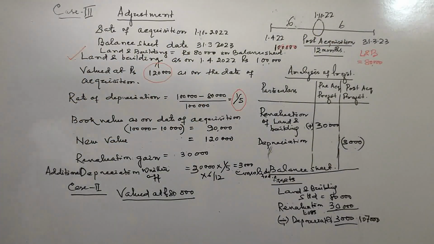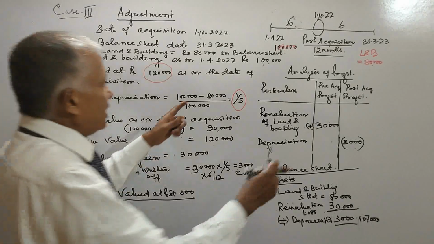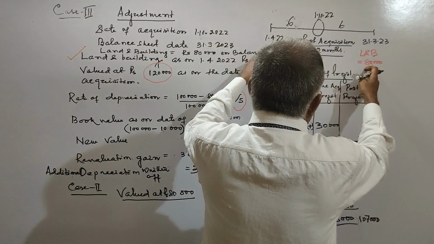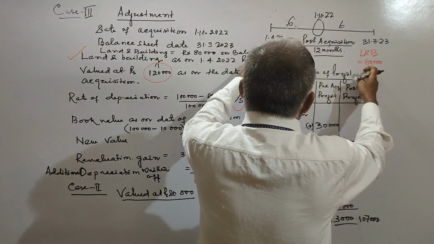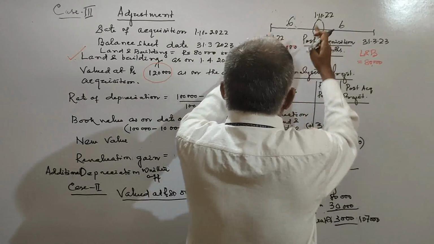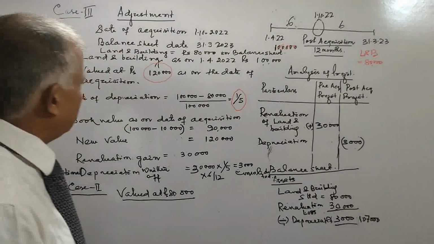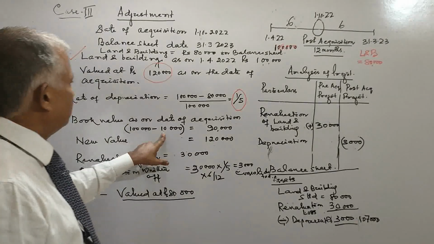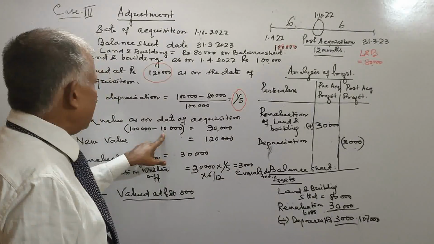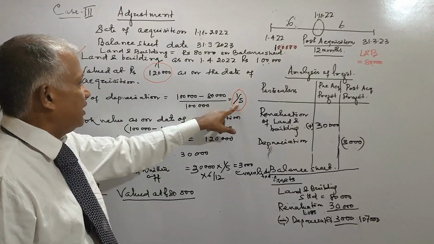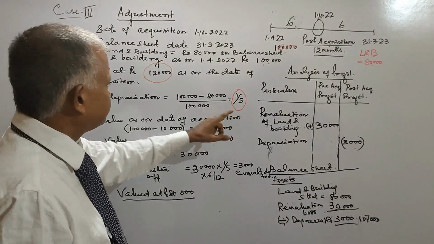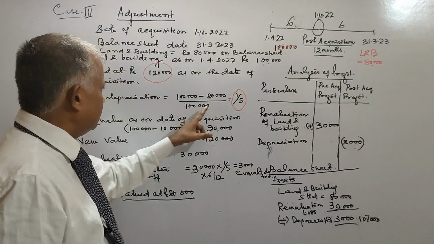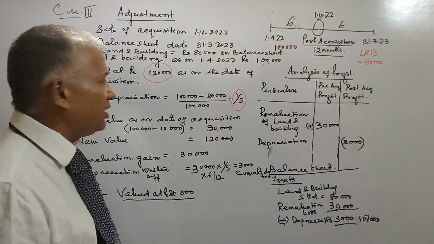that is 6 months. So throughout the year the depreciation is 20,000, and for 6 months the depreciation will be 10,000, because if we take 1 lakh 1/5, it is 20,000.